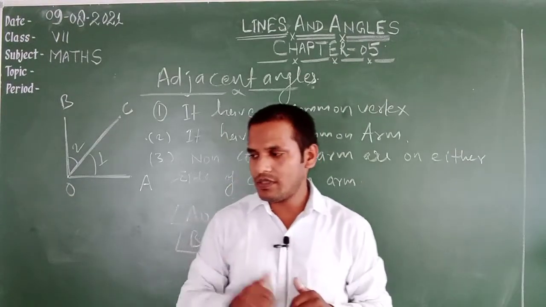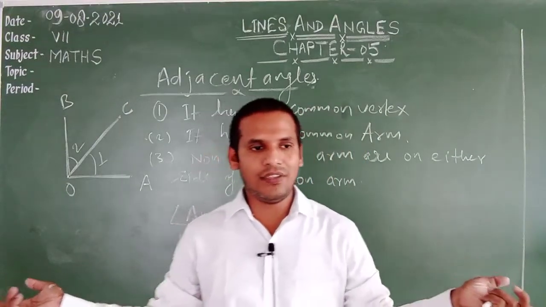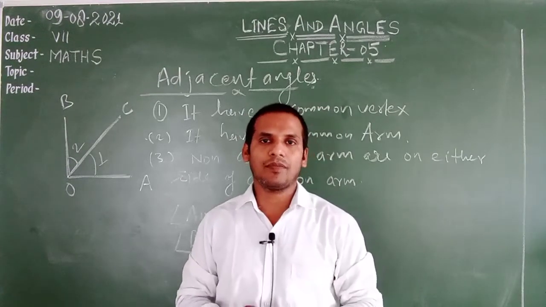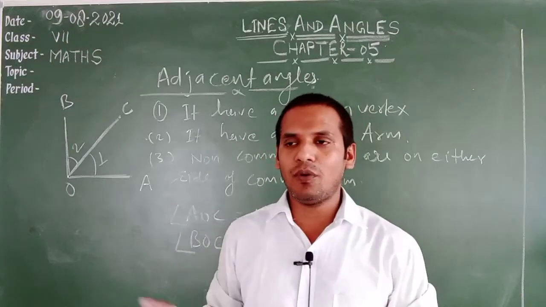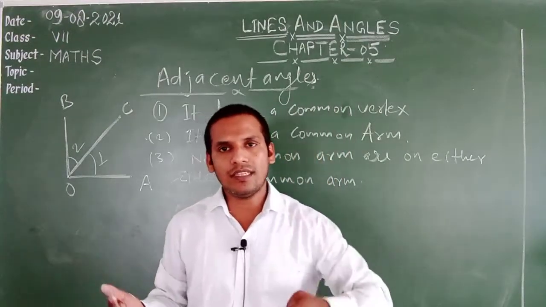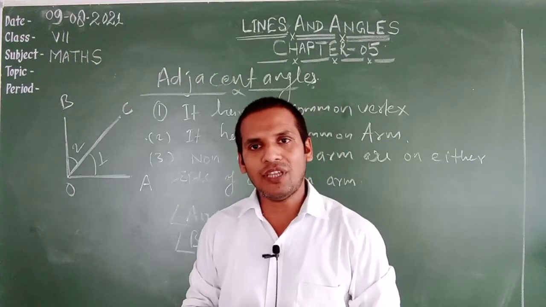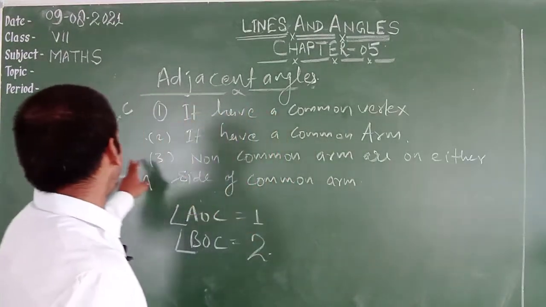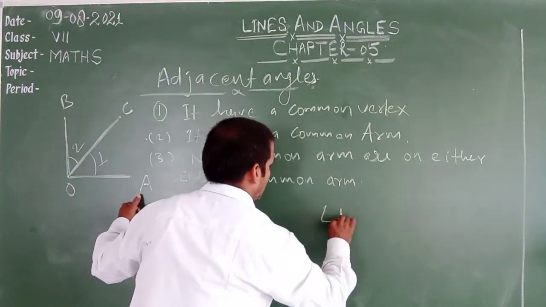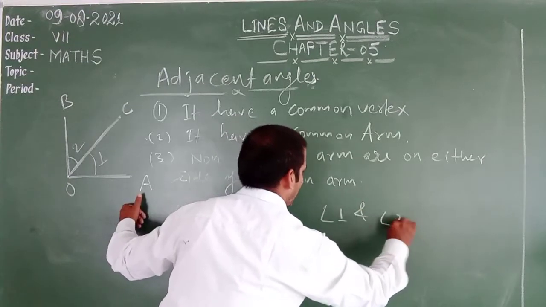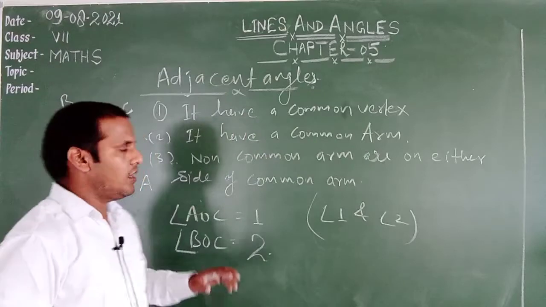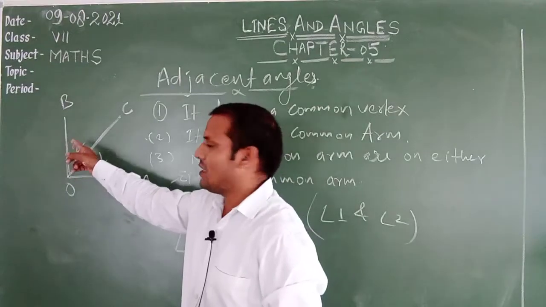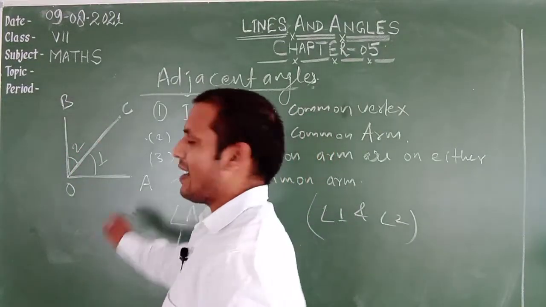These people are standing beside me, either left or right, so they are adjacent to me. Whoever is standing just beside me, right next to me, is my adjacent. So the adjacent of angle 2 is angle 1. Here angle 2 and angle 1 are the adjacent angles. It means angle 2 is beside angle 1, or angle 1 is beside angle 2. So we can say they are adjacent angles.